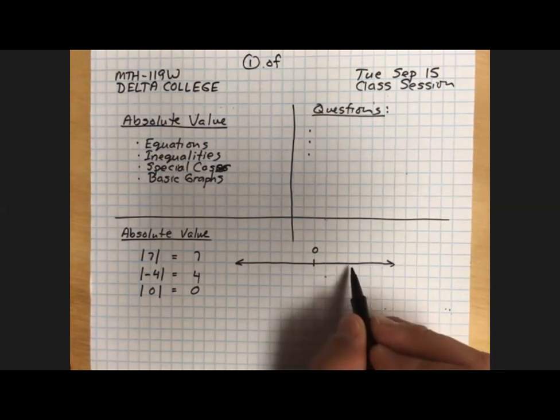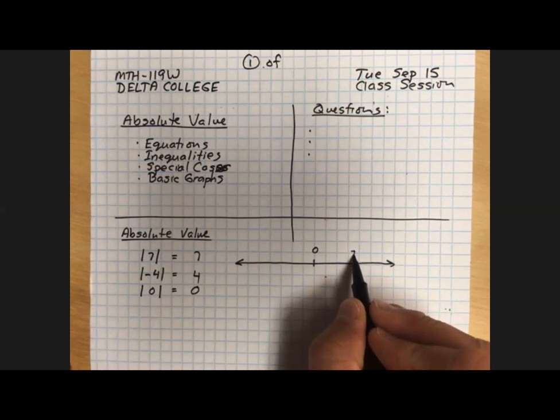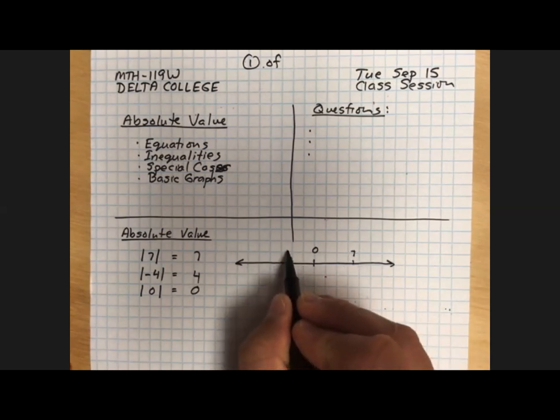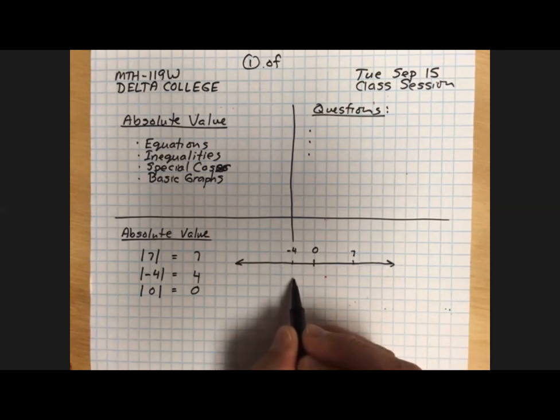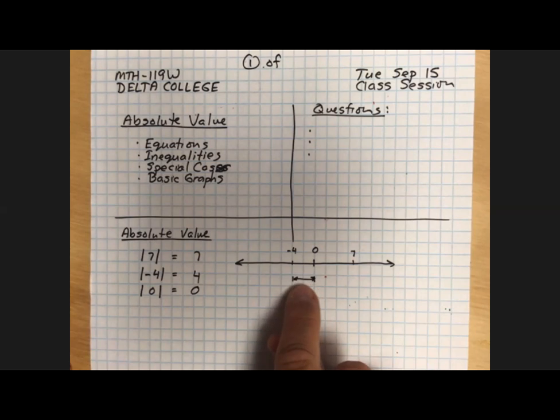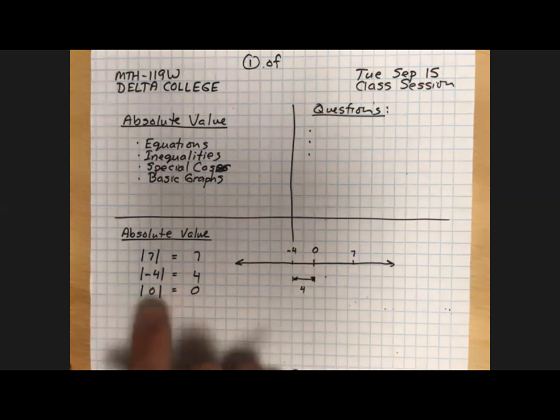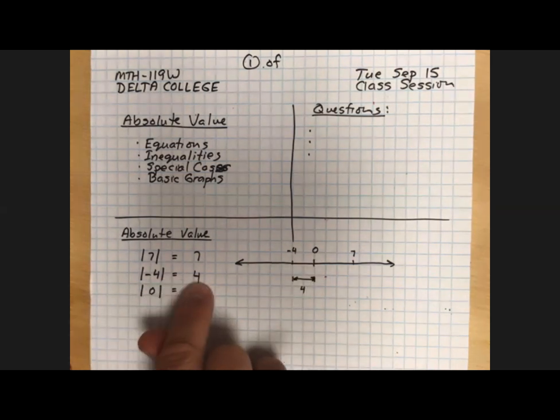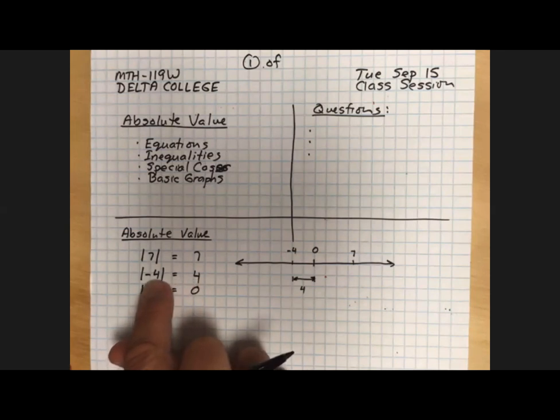What it is, when someone says absolute value of 7 or absolute value of -4, they're literally measuring the distance to the center, to the origin. There are 4 units between -4 and 0. The absolute value of -4 is 4 because that is 4 steps away from 0.